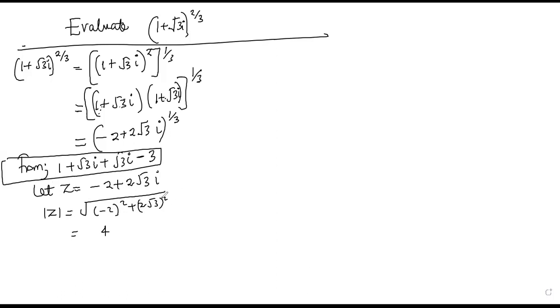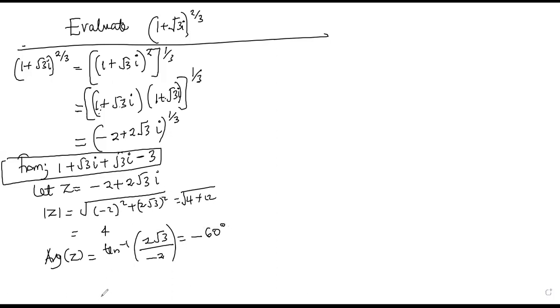After having gotten this, we can go ahead to look for the argument of z. Argument of z is the tan inverse of 2 root 3, that is the imaginary part, over -2. So this is going to give you the tan inverse of -√3, because the 2 with the 2 will cancel.